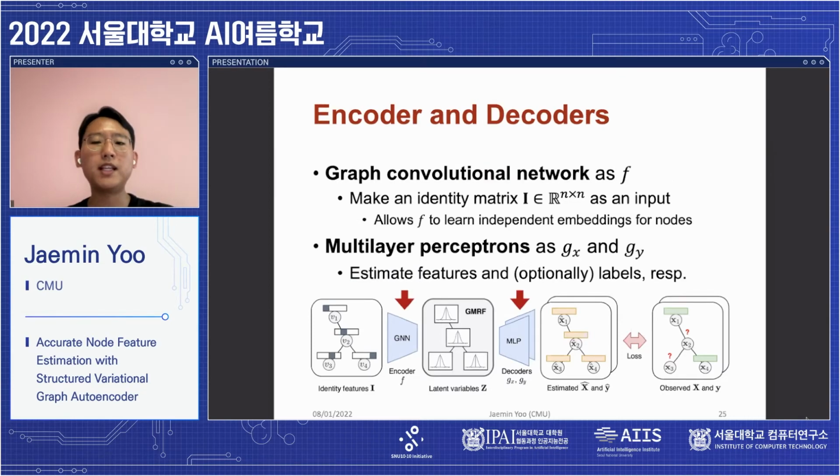If we specifically look at the model structure, we first use a simple graph convolutional network as the GNN encoder f. And we make an identity matrix I as an input of this encoder network to allow f to learn independent embeddings of the given nodes. And we use multi-layer perceptrons as the decoder networks G sub X and G sub Y to estimate the features and labels respectively, ignoring the graph structure, which is already considered in the GNN encoder function.